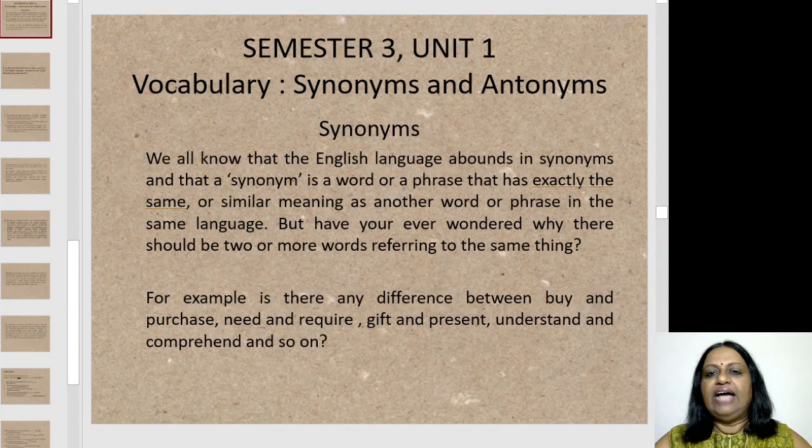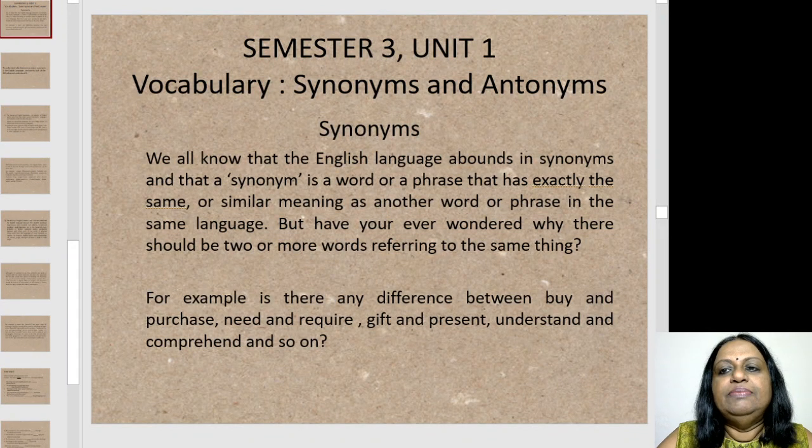Let's get started. Before we start the lesson vocabulary, synonyms and antonyms, I would like to tell all my students that it is important for us to build our vocabulary. When you build your vocabulary, when you enhance the corpus of your words, you become effective communicators of the English language.